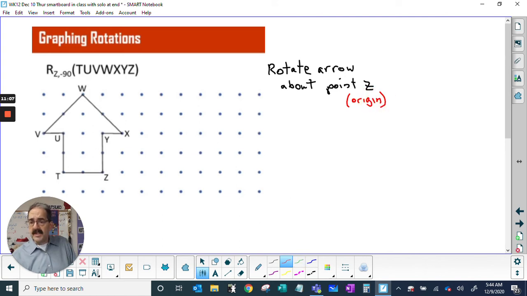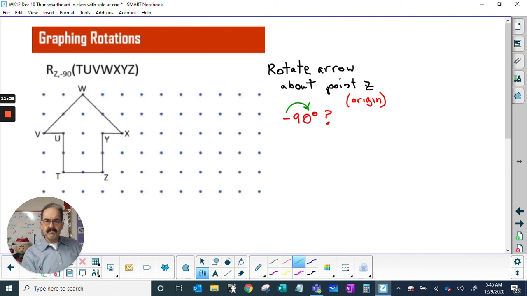Each vertice has to be rotated negative 90 degrees. Which way is negative? Okay? Remember, counterclockwise is positive, clockwise is negative. So that's going to go in this direction.